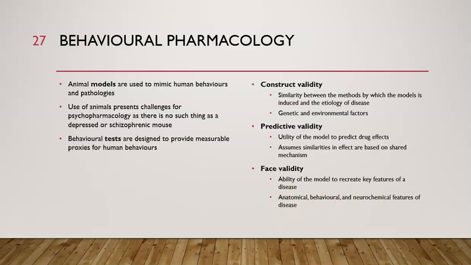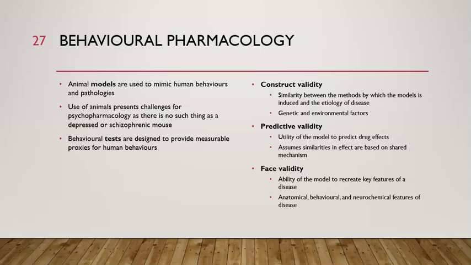Now, using animals in research does have its own challenges because there are some diseases and disorders that just don't exist in animal populations. So like a schizophrenic mouse, that's not really a thing, right? Or like AIDS even, so going outside of neuropsychopharmacology. HIV and AIDS is a human disease or a primate disease.